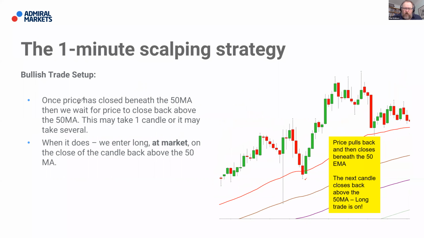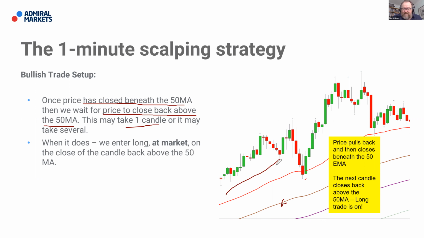Once price has closed beneath that 50 period moving average, and ideally, as I said, we prefer to see it come down and test the 100, but sometimes in a strong trend you don't always get that, what you're doing is waiting for price to close back above the 50 period moving average. Sometimes that might take one candle, or it might take several.